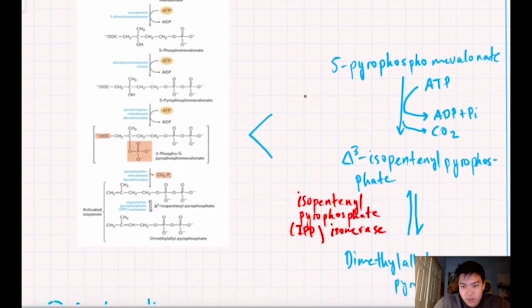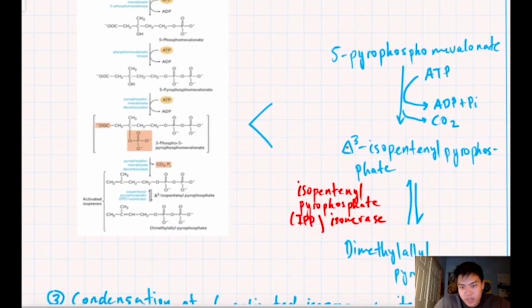So yeah, this is what I did here. I just basically condensed all of it, right? In goes ATP, out comes ADP and CO2. So all you're going to do is cleave that guy, and then ATP, I guess, is used as energy. And you're left with this, a delta 3 isopentenyl pyrophosphate.